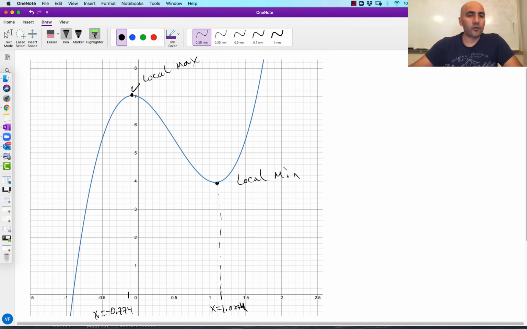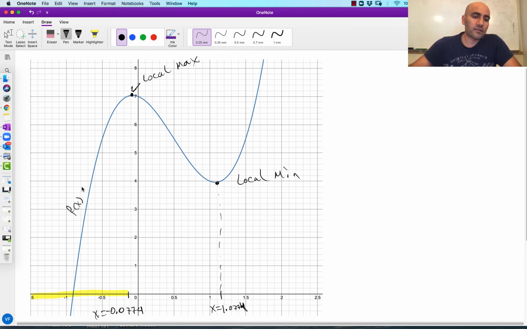And we can confirm that the function is increasing from negative infinity up to this point, negative 0.774. Oh, there was an extra 0 in there. So up to there, the function is increasing.